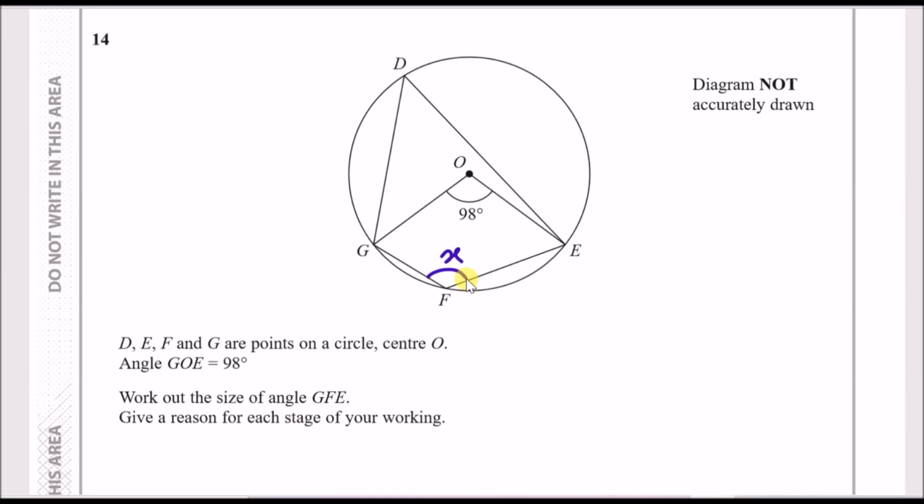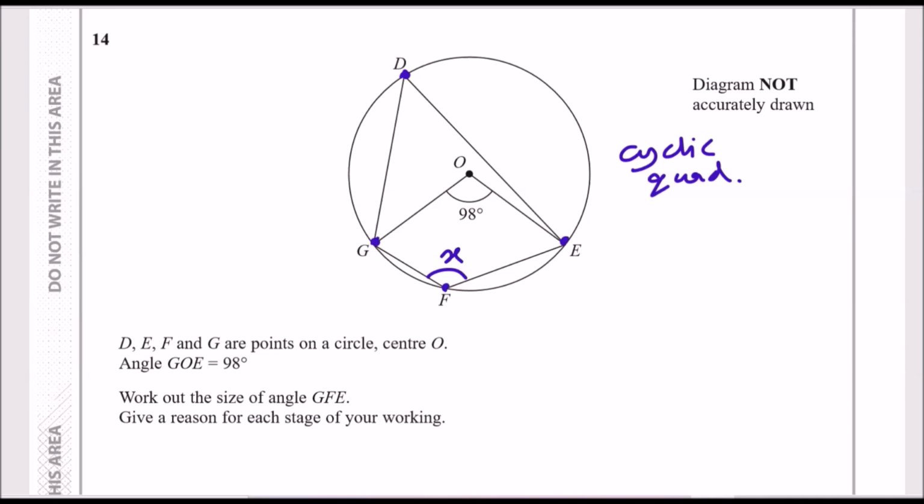Now what I would do is firstly ask ourselves, what can we see here? The first thing I want you to always spot is: is this a 4-sided shape in a circle? Yes, it's 4-sided because it hits the circle at 4 points. When you have something like this, you have what's called a cyclic quadrilateral.